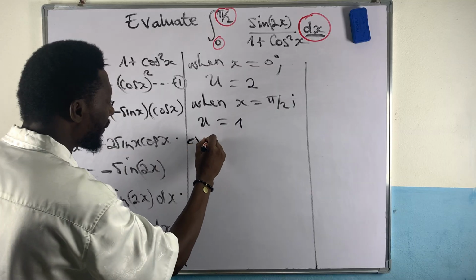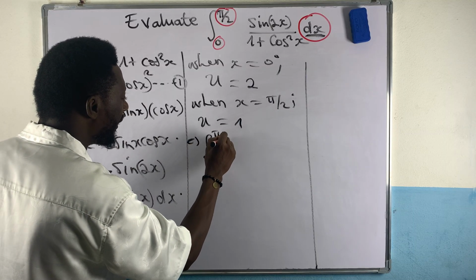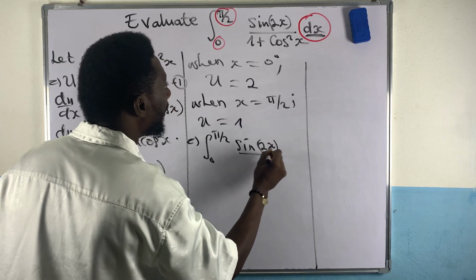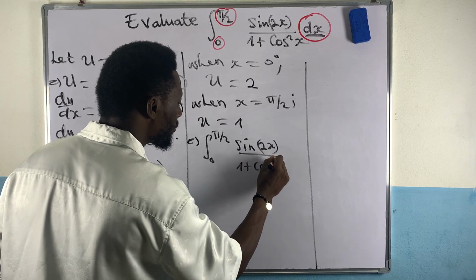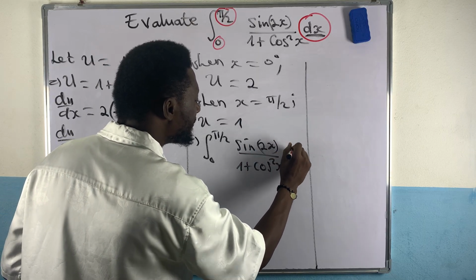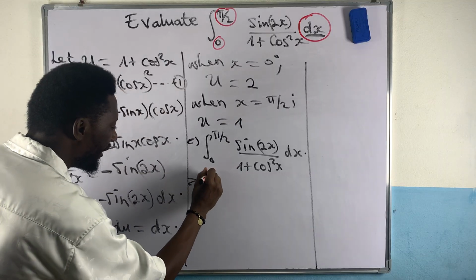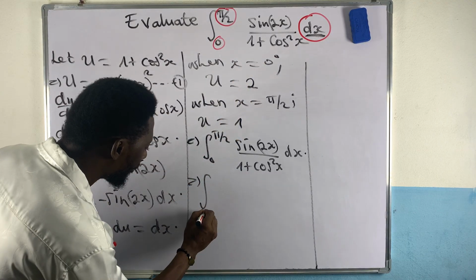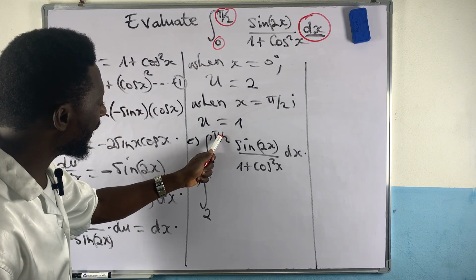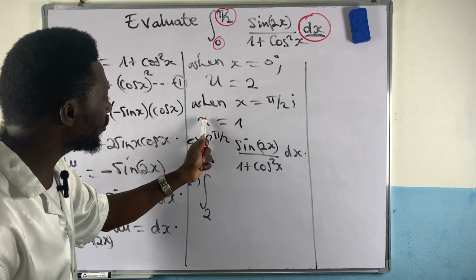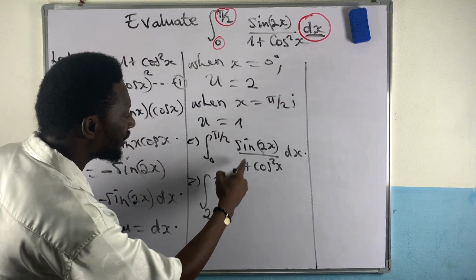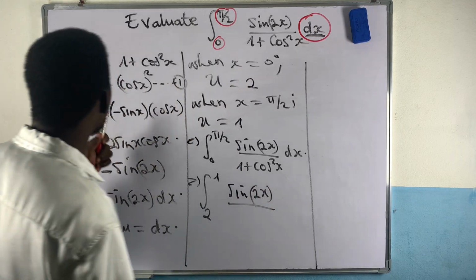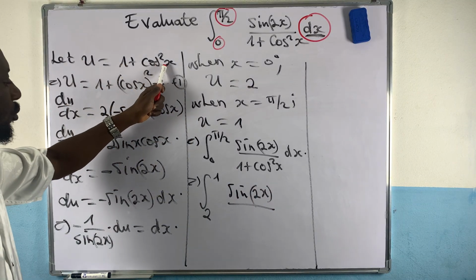Therefore, this implies the integral from 0 to pi over 2 of sin 2x over 1 plus cos squared x dx becomes the integral. You see that when x is 0, u is 2, so down here we put 2. When x is pi over 2, u is actually 1. Sin 2x all over, recall, u is equal to 1 plus cos squared x.